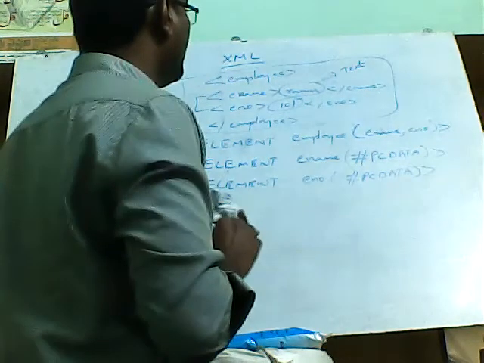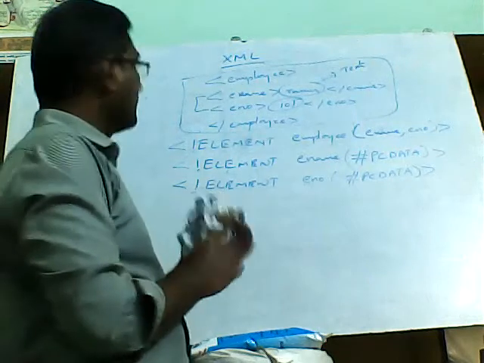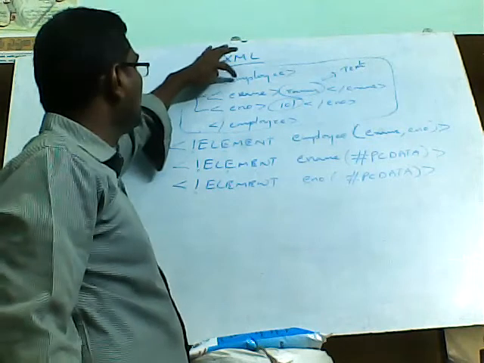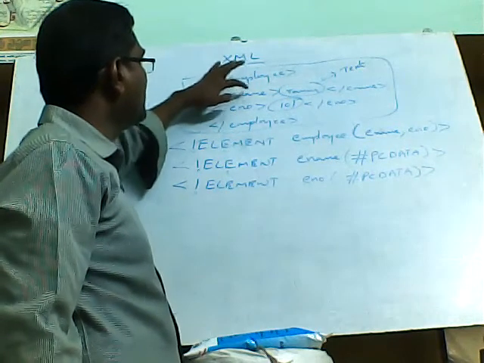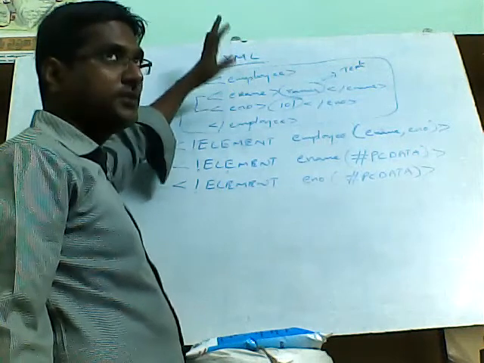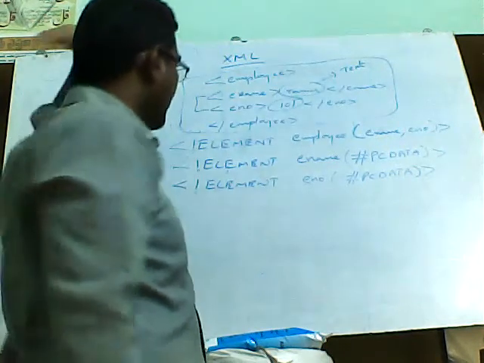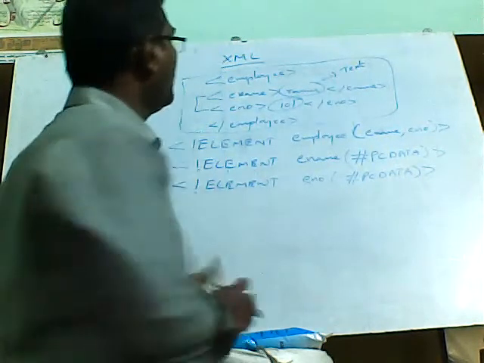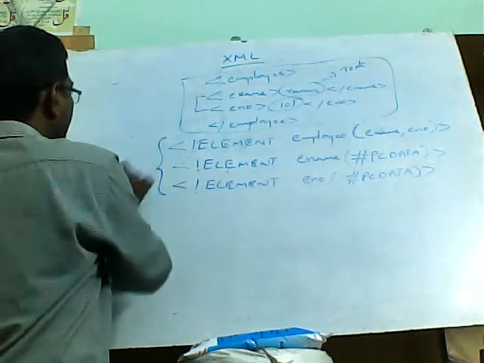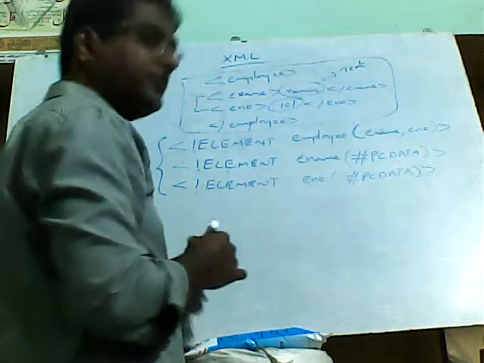See, the XML document consists of some elements, that is the root element is employee and the child elements are name and number. Don't worry about the data and all. Any information, whatever you write here, will be treated as text information. So if you want to describe this particular document by using DTD, that is document type definition, this procedure we need to follow.